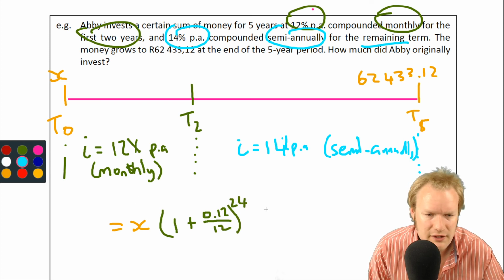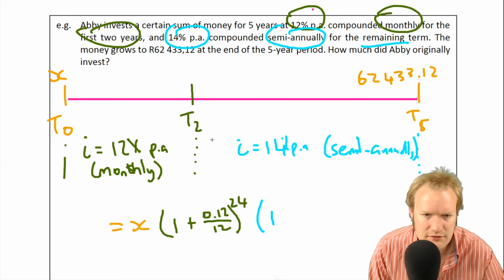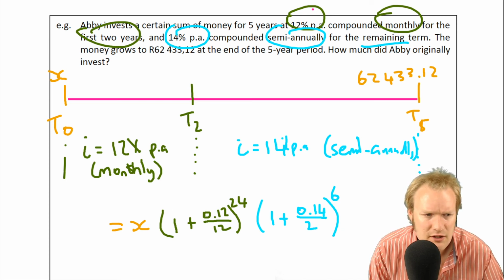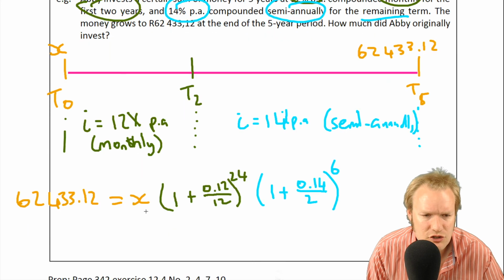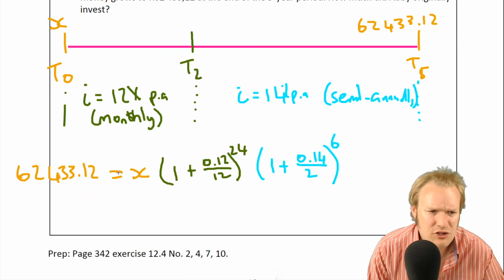And then it kept growing. For the next 3 years, it was growing semi-annually at 14% for 3 years. So 3 times 2 is 6. The difference is we know what it grew to: 62,433.12.